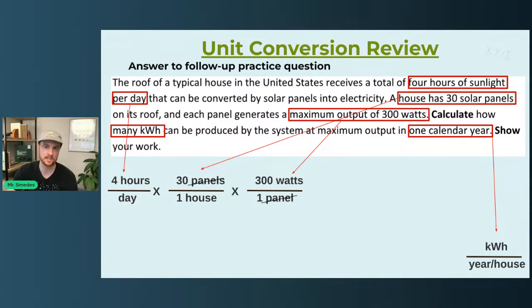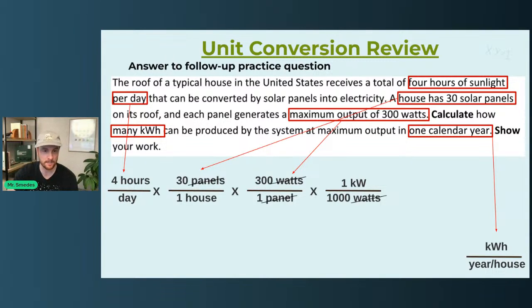So our next step is to go panels to watts. So we have 30 panels per house. Since we had panels on the top, we put panels on the bottom. That allows us to cross that out. So now we're at hour watts per day per house. And we need kilowatt hours per year per house. So our next step is going to be to get rid of watts, turning that into kilowatts. Now we have kilowatt hours per day per house.